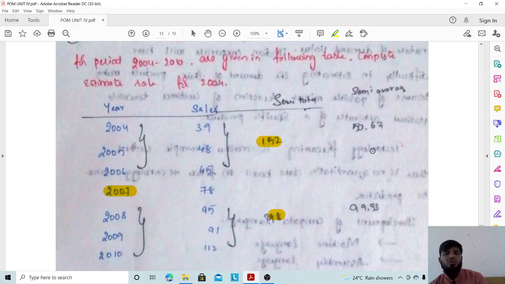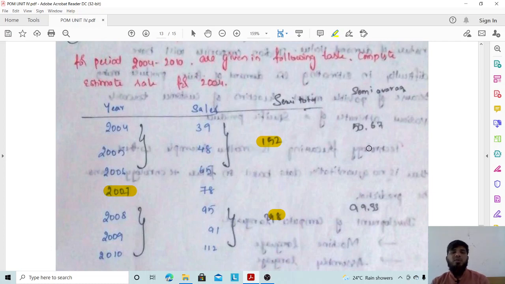Averaging of this is 152 divided by 3. Let me take the calculator and let us check once. 152 divided by 3, how much are you getting? 50.67. Similarly, when you have done the addition of these 3 values, you are getting 298 divided by 3. How much are you getting? 99.3.